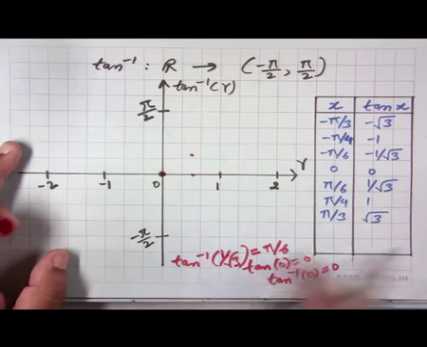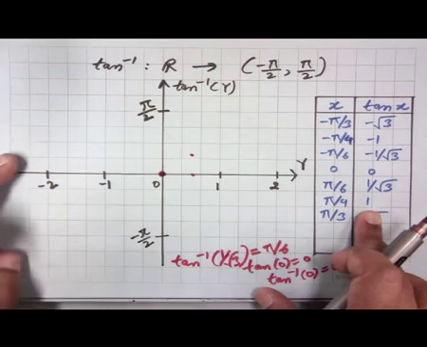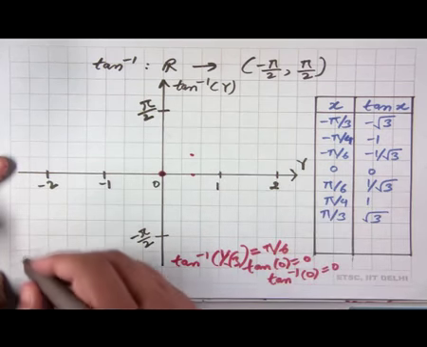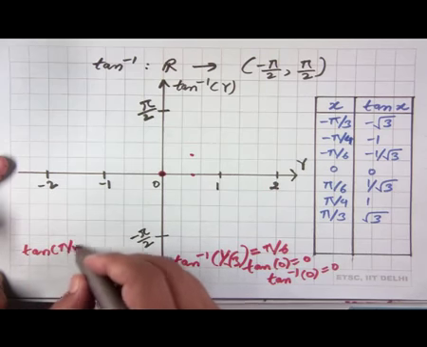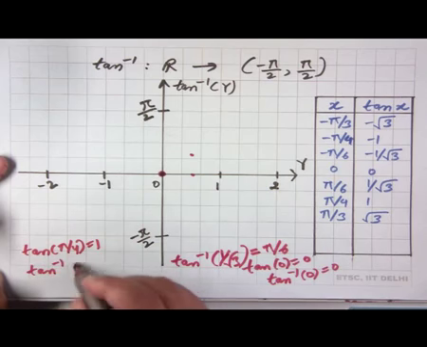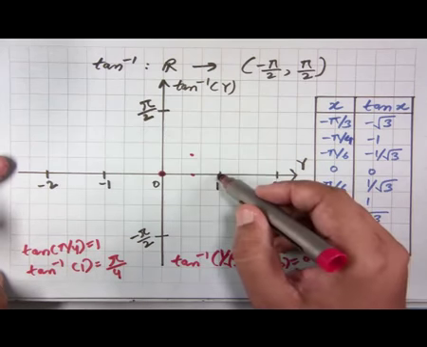And then, of course, we know that tan of pi by 4 is 1, and since tan of pi by 4 equals 1, it follows that tan inverse of 1 will be equal to pi by 4. So, tan inverse of y equal to 1 will be pi by 4.